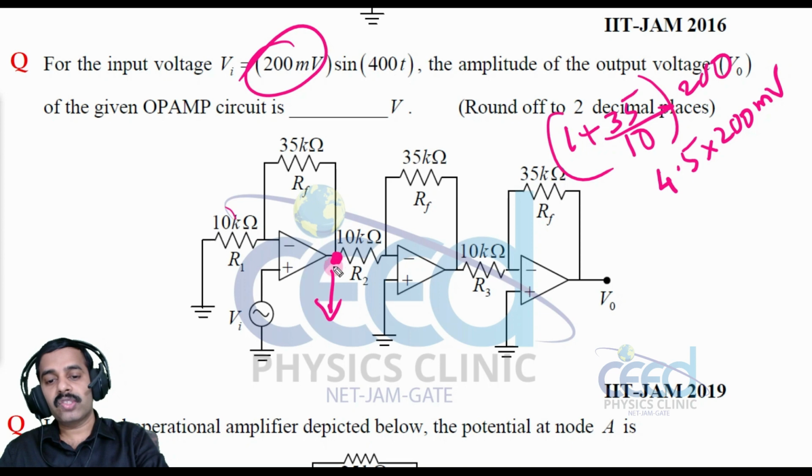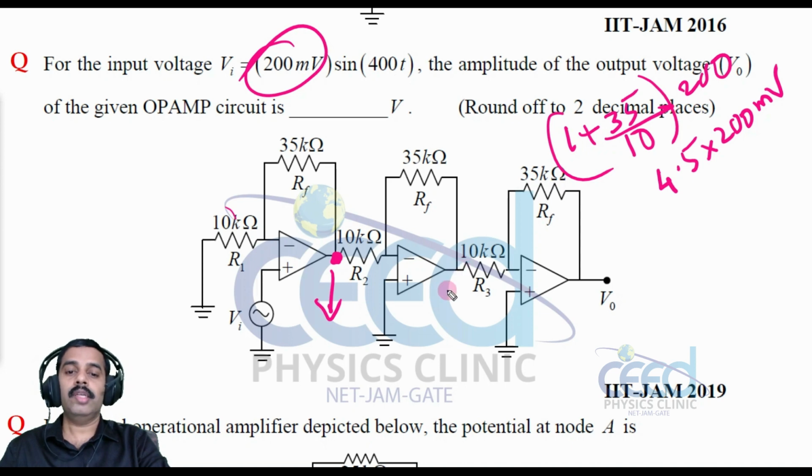Now this is the next signal that is available for the next stage. The next stage is again an inverting operational amplifier, because we are providing this signal into the negative terminal. So what is the output? That is minus Rf by R1.